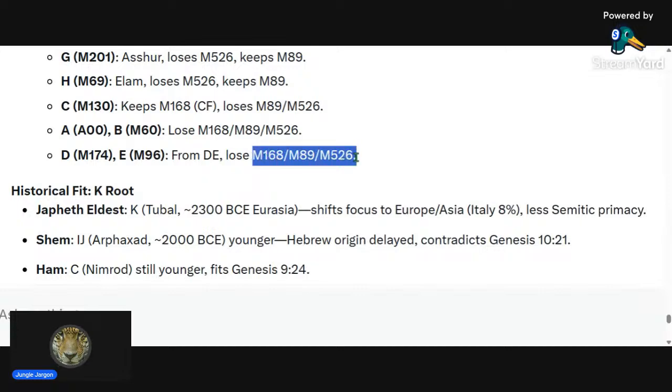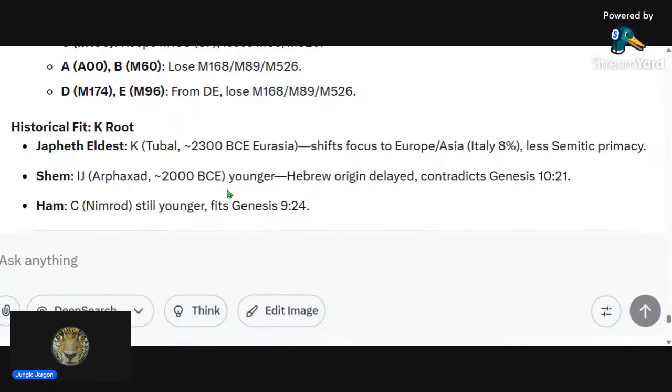D just doesn't have these markers because he's younger. Has to be. Okay, here, Japheth the eldest, K. Shift focus to Europe. Okay. Shem IJ, Arphaxad, the younger. Shem IJ is younger, Hebrew origin, delayed contact with Genesis.